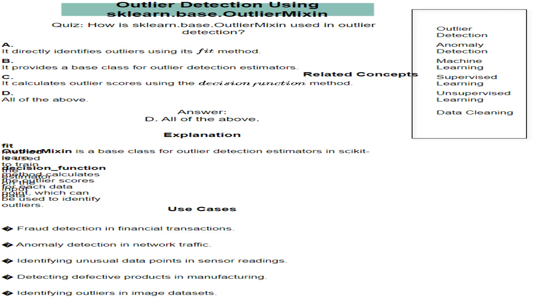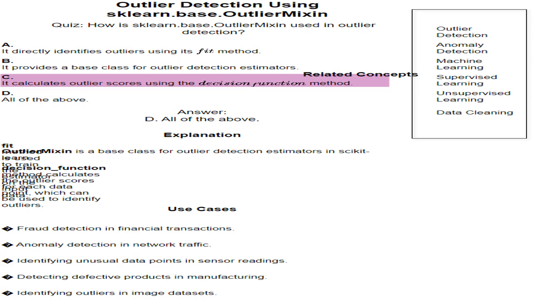Outlier mixin, true. This is also correct. Outlier mixin defines the decision function method, which calculates the outlier scores for each data point. These scores can be used to identify outliers by setting a threshold. Decision function, true. All the statements above are correct.